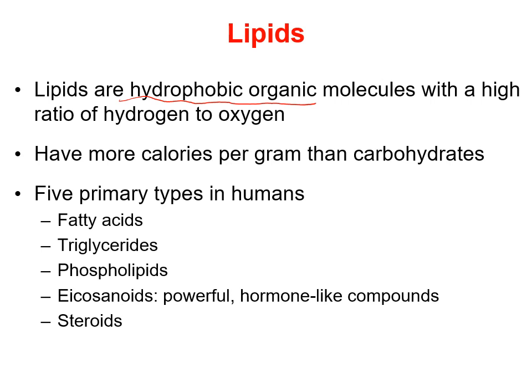So in humans, we have 5 primary types of lipids. First one is fatty acids. Then you have triglycerides, phospholipids, and eicosanoids, which are a type of hormones, you can call it, and then you have steroids, which is used for synthesis of a lot of other things in the body, like cholesterol and several different hormones like estrogen and testosterone.